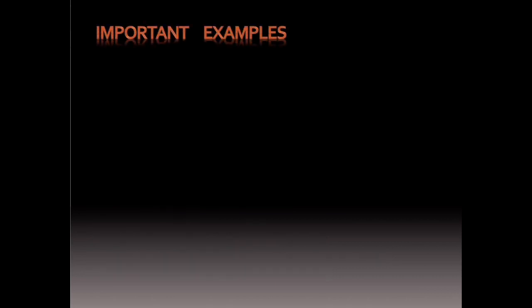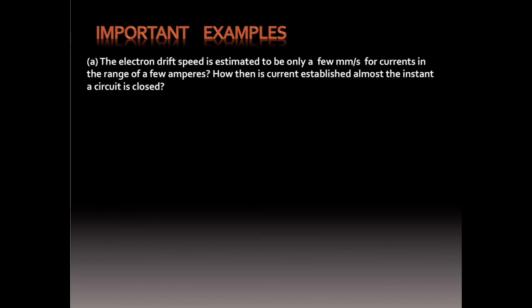Now some important examples. The first one is very important: if electron drift is so small, why is the response so instantaneous? If we switch on, the bulb glows instantly. Why does the fan run instantaneously?